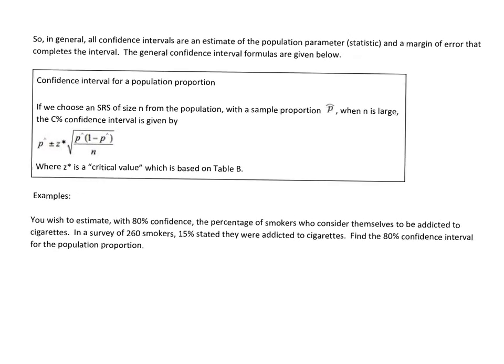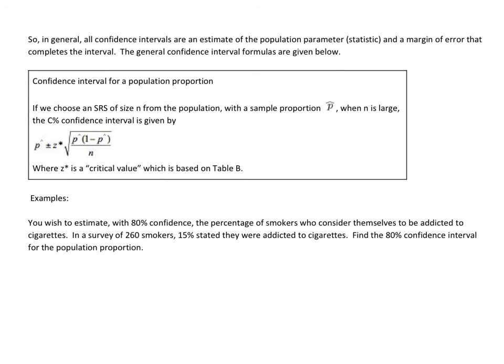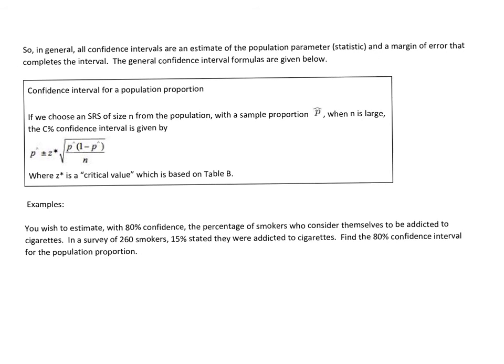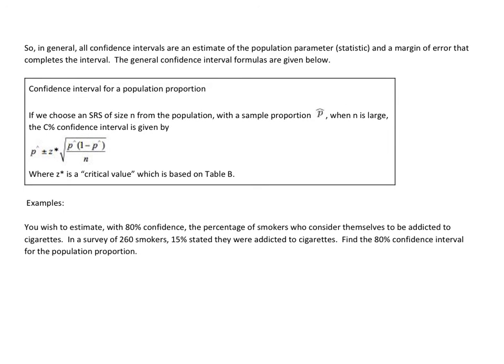So what a confidence interval does is it estimates the population parameter and a margin of error that completes that interval. So we have a generalized formula where if we choose an SRS of size n from the population with a sample proportion of p hat, when n is large, the C% confidence interval is given by that formula, where Z star is a critical value, which is based on that table.